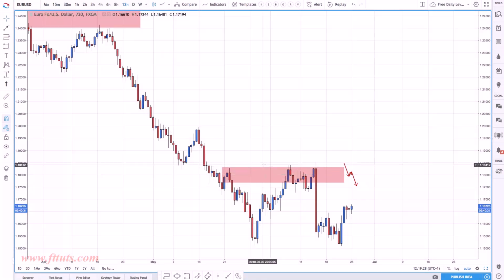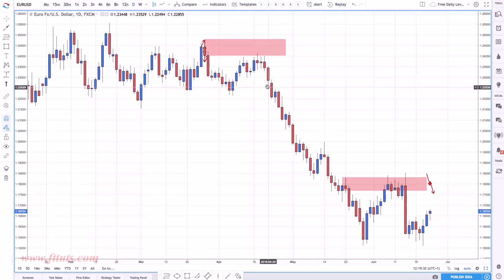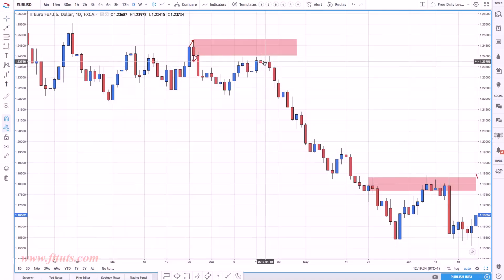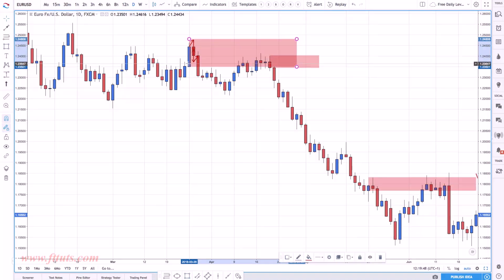So again, just to reiterate, sometimes you might not get a textbook entry, right, on a daily time frame chart, or a reversal. But let's say you're waiting for the level, because this would have been, in fact, the supply zone that was actually here as we made lower highs, lower lows, right? So you would have had this area right here, right? And let's say, for example, you really wanted to get in, and you were looking for a trend to the downside.